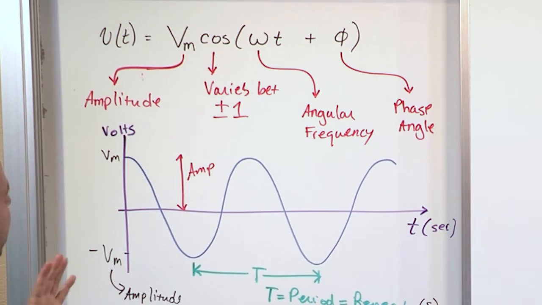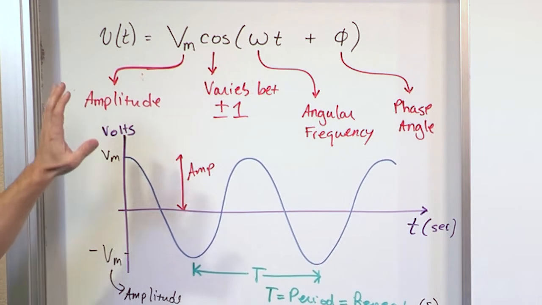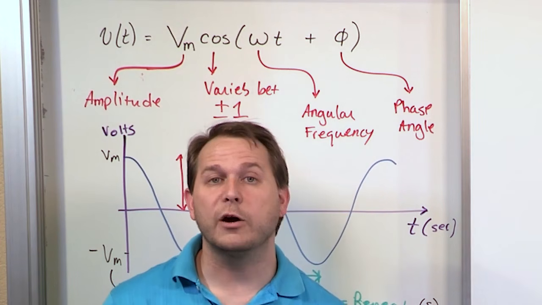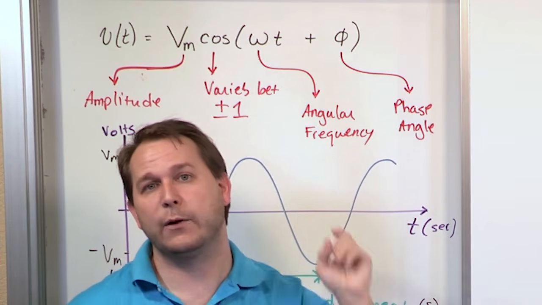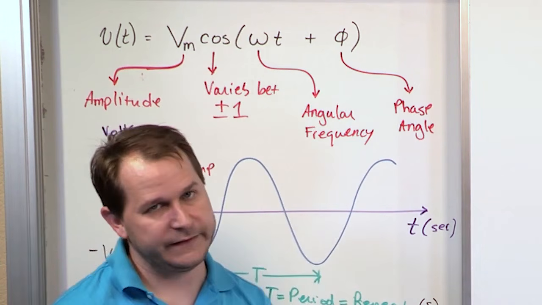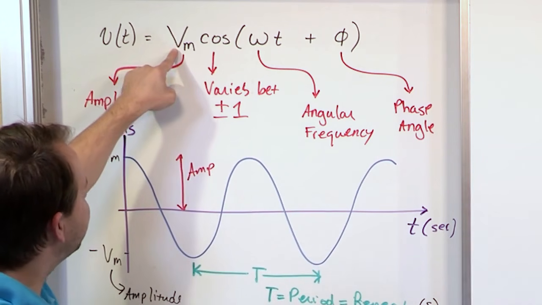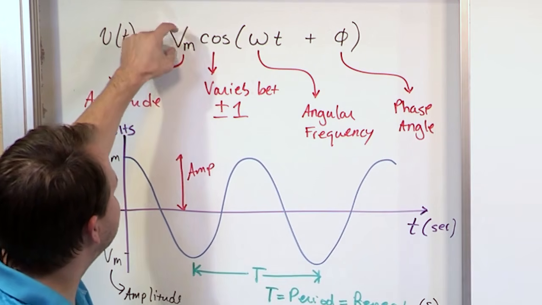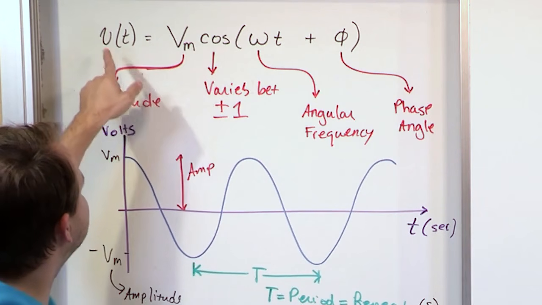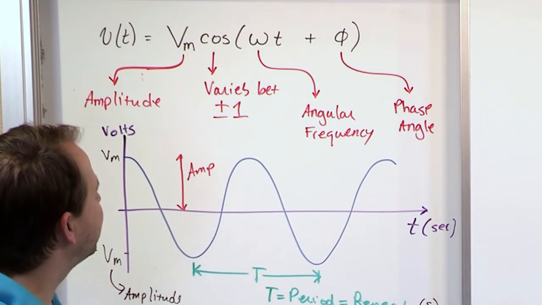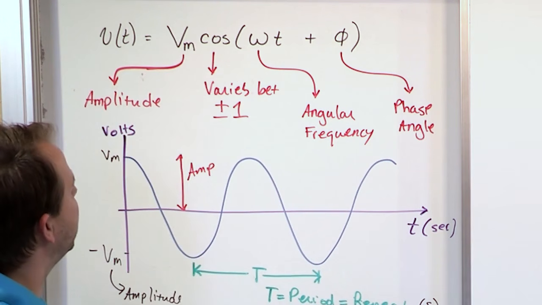But as a really quick recap, just keep in mind that every single voltage or current that we talk about in this class is basically going to look like what we've written up here. So you have to have something to go in each one of these spots. Whatever number you put out here is going to be the amplitude. So if it's voltage, then this will be the amplitude of the voltage that we're talking about. If this is a current source or a measuring current, the number out here is the amplitude of the current. It's the height of this wave.